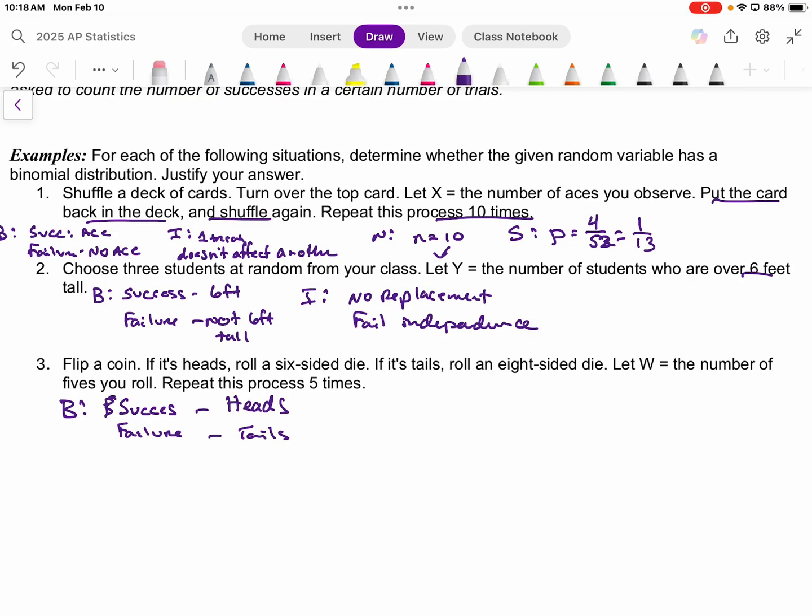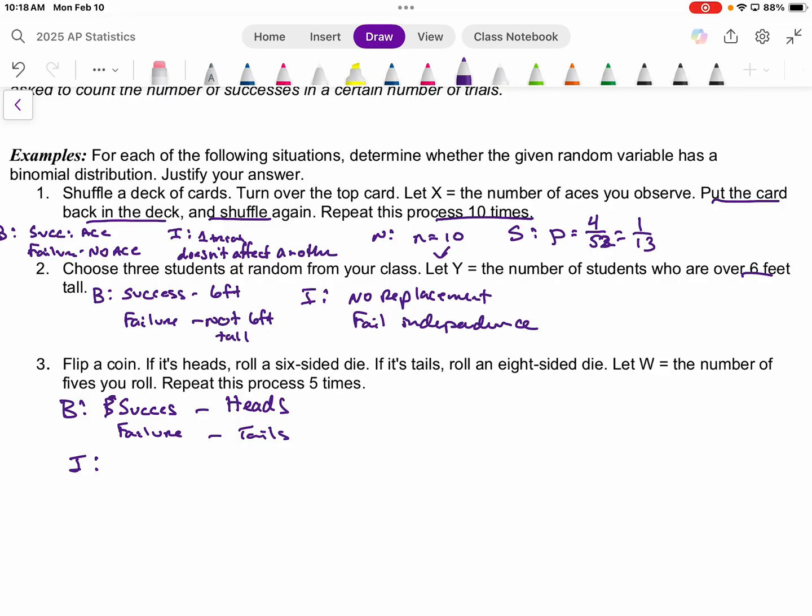And then here's where we kind of have the issue. It's not with the coin aspect. Well, let's see. For the independence, can a coin and a die affect each other?